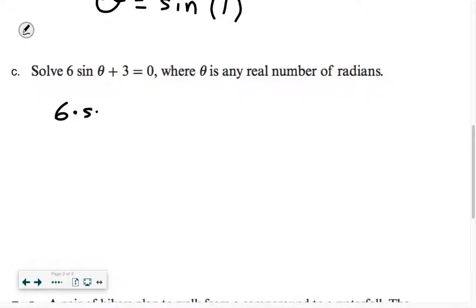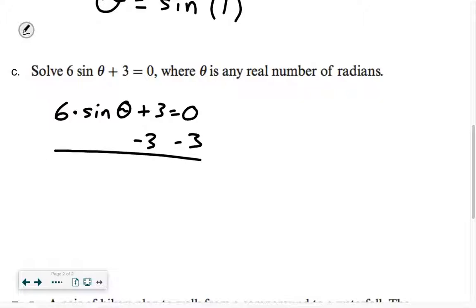6 times the sine of theta plus 3 equals 0. And now it's telling us for any theta, or where theta is any real number of radians. Step number 1, what do we do? Subtract 3. Yes. Then divide.